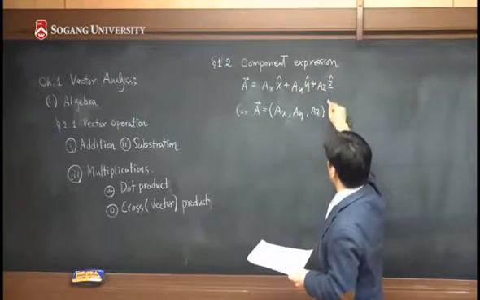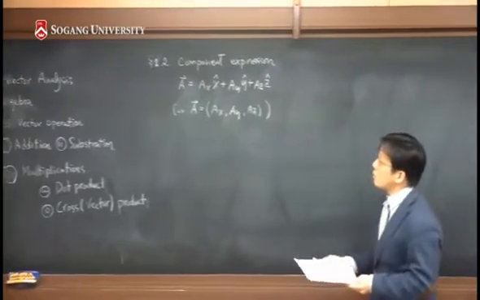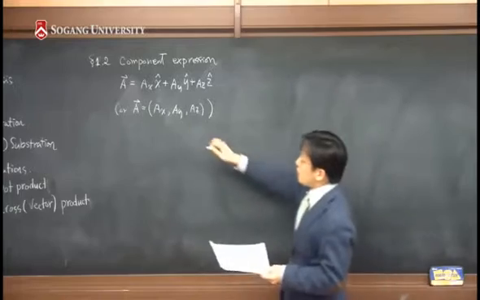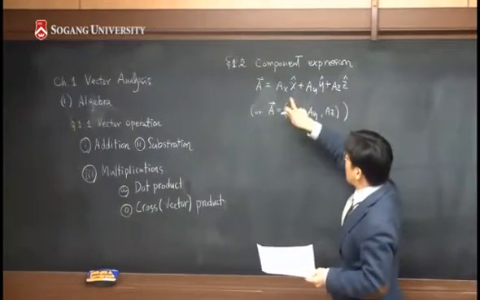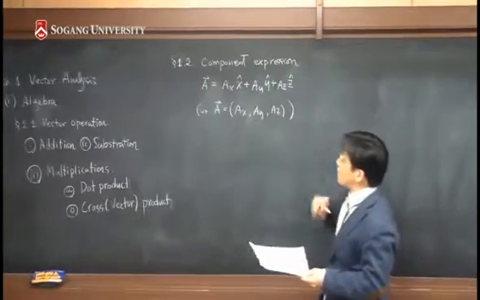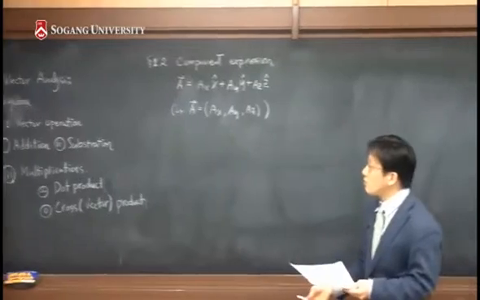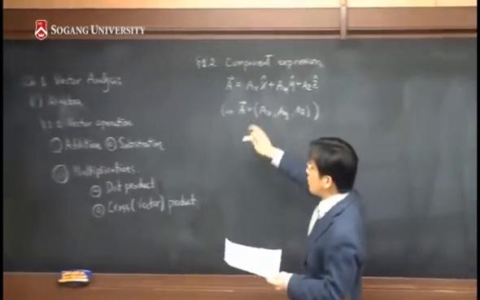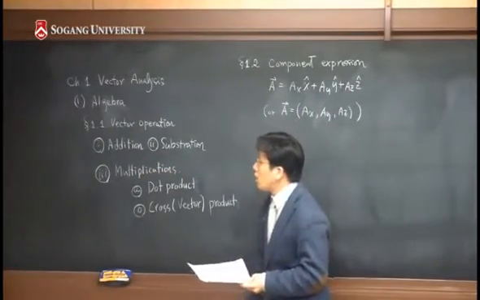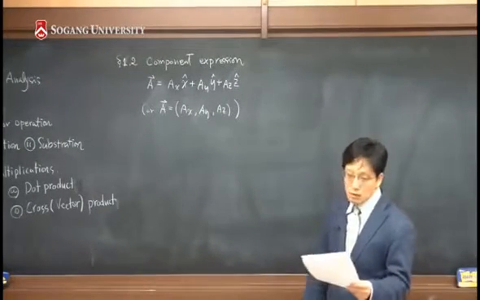But if you include the component of the vector direction x, y, z in each expression, you better write it in this way. Once you have a component expression of the vector, you can apply all those operations of the vectors: addition, subtraction, and multiplication.